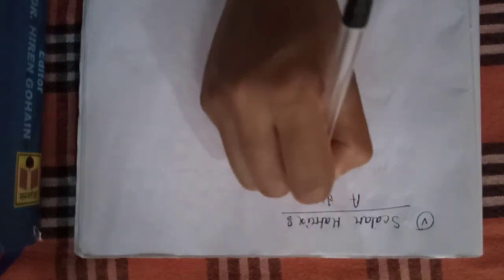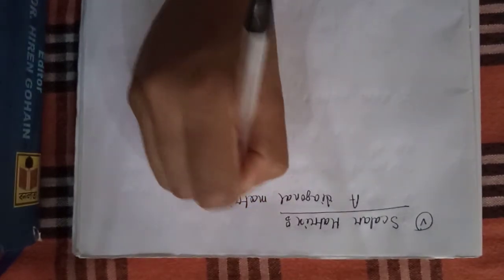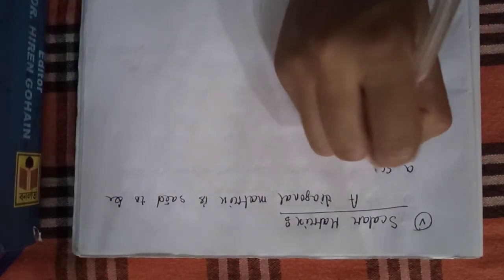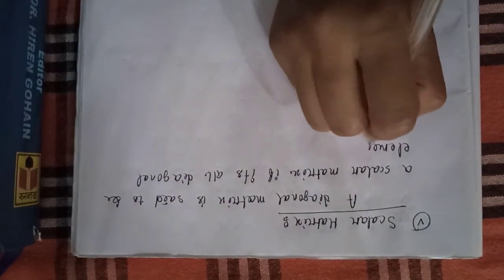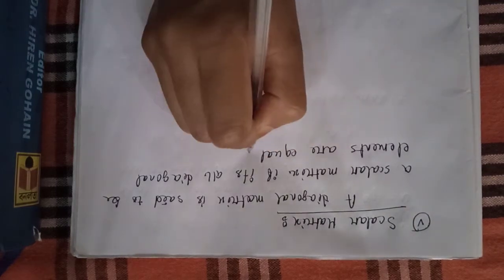Okay? So write: a diagonal matrix is said to be a scalar matrix if all its diagonal elements are equal.